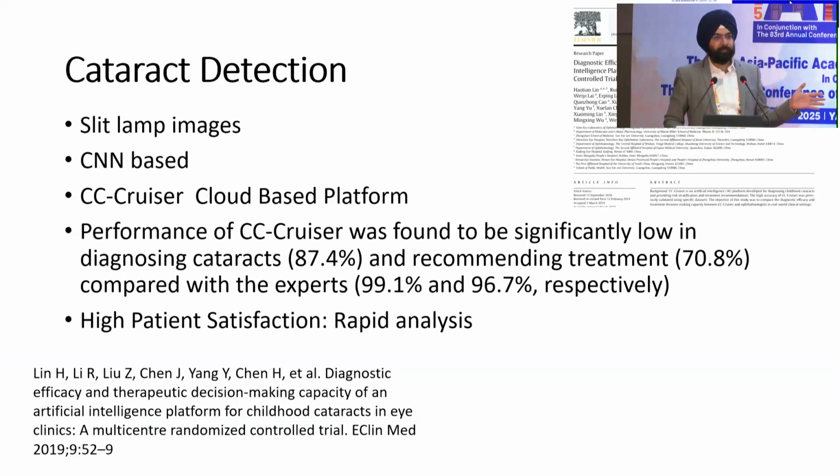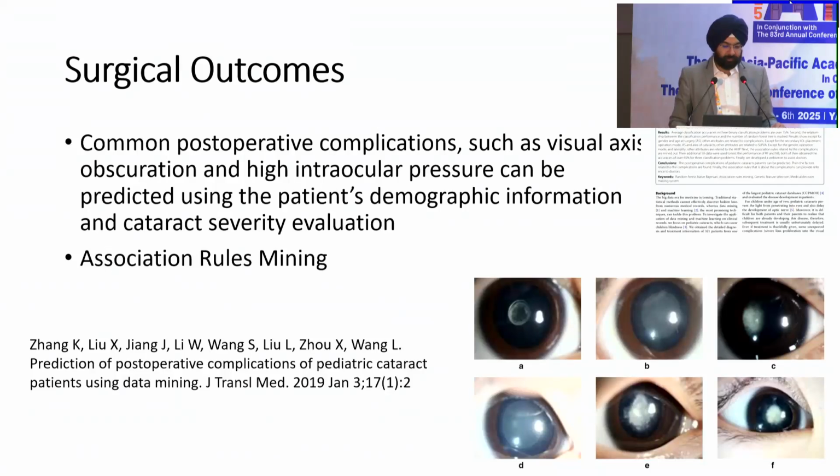In the pediatric population, it has not been found to be as accurate as a human being, but it has been able to detect cataracts reasonably, moderately at least. Patient satisfaction was very good because with one quick photograph, the parents were told whether it's there or not there. Children, parents, and patients were all pretty satisfied with this software in their study.